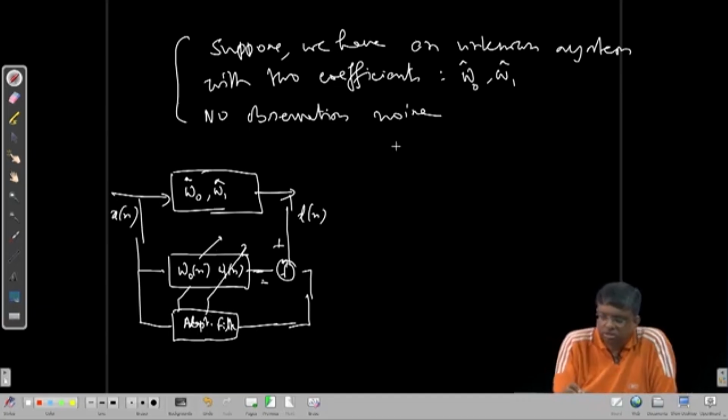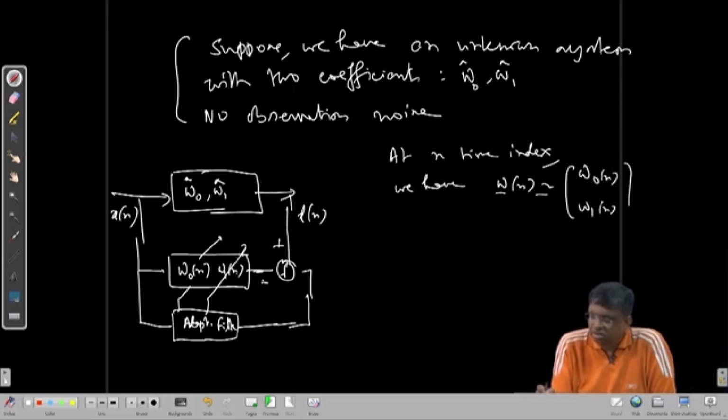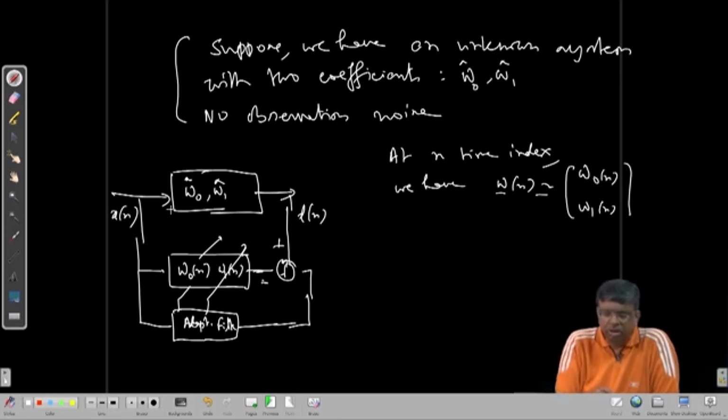Now, suppose at the nth time index we have Wn, that is W0n, W1n. So we are adapting, so they are not equal to W0 cap and W1 cap, so there is a difference, all right. Now, I do not know the coefficients, but I know there are two coefficients.